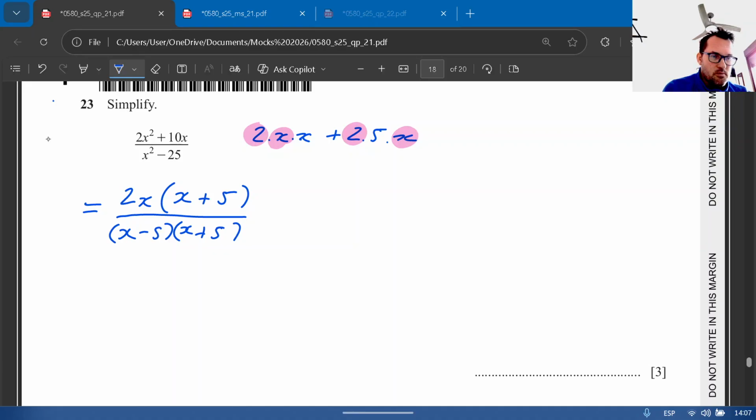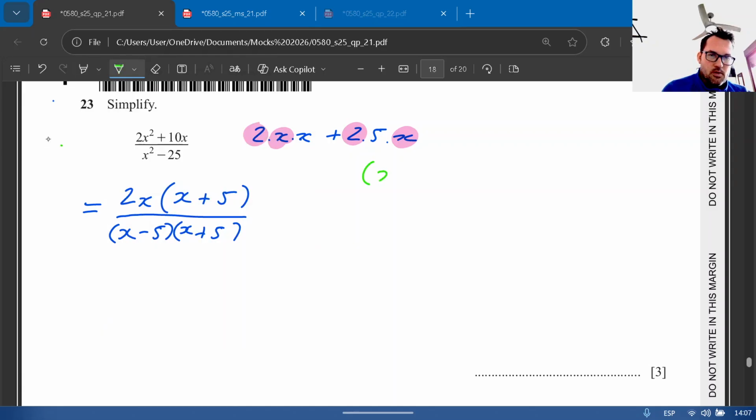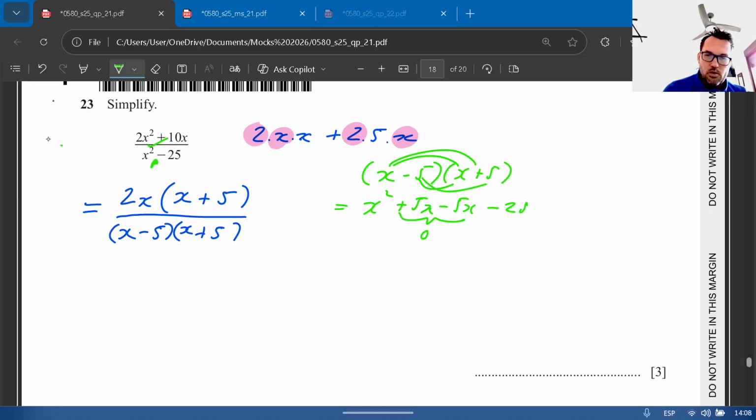Well, if we expand x minus 5, x plus 5: x times x, x squared, sweet. x times 5 is 5x. Minus 5 times x is minus 5x. 5x minus 5x is nothing. That's why there is nothing there. And then minus 5 times 5 is minus 25. Sweet. Got it. Okay.